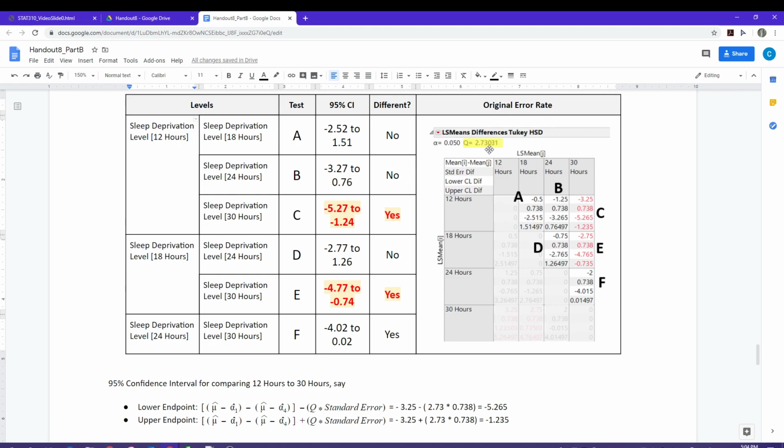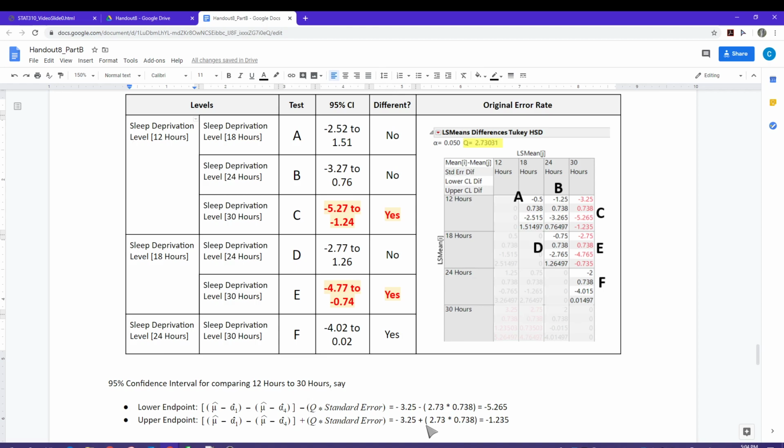So the value that I want to multiply my standard error by is provided here in the JMP output, and that's 2.73. And then I simply multiply that by the standard error for the difference. And that quantity is the second value that's provided here in each cell. So we can do that math, negative 3.25 minus 2.73 times the standard error, and I'm going to end up with negative 5.265.